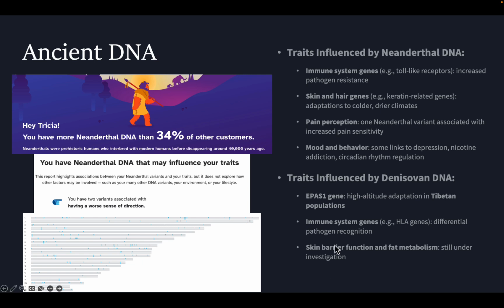And if you've ever done 23andMe, and I know I've shown you 23andMe results from myself before, I was a little bit offended here. I have more Neanderthal DNA than about a third of the other customers. That's fine. This is fine. And I was super offended by 2 variants associated with having a worse sense of direction.